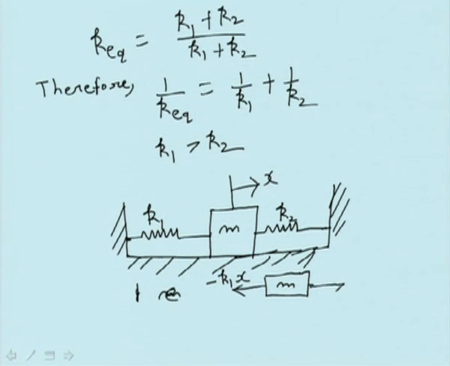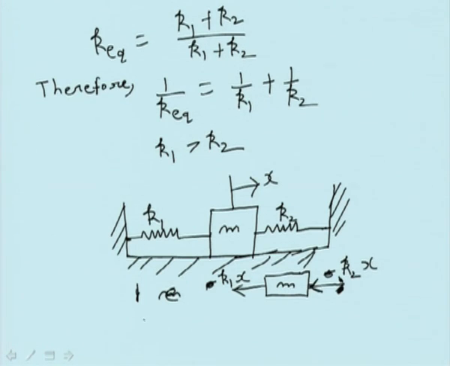So this becomes k2 x. This gets compressed, so it puts an opposite force.